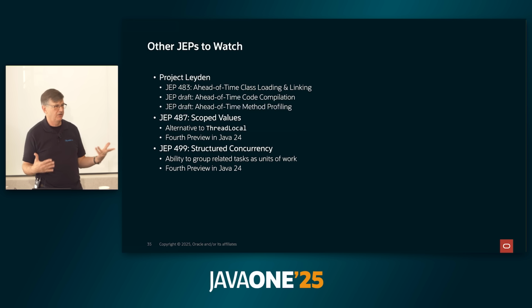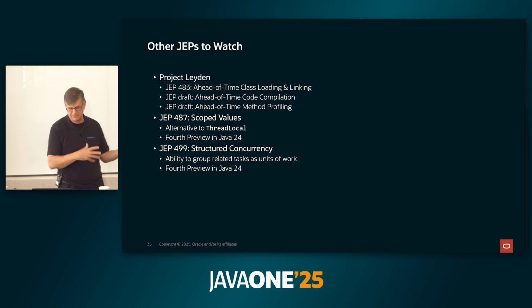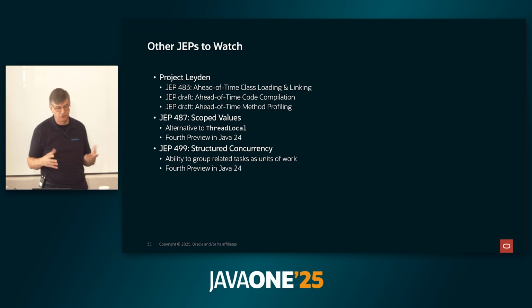I don't know what the odds are of it getting final in Java 25. This is a way to let you structure tasks. If you think about all these virtual threads you spin off, you can group them in groups and then operate on the groups. Plus, I think there are additional features. So structured concurrency is another JEP to keep an eye on.